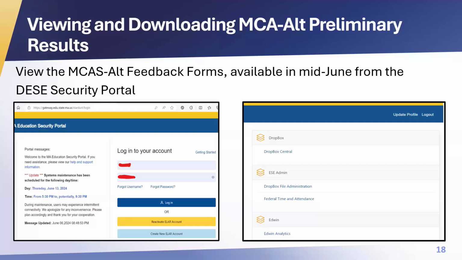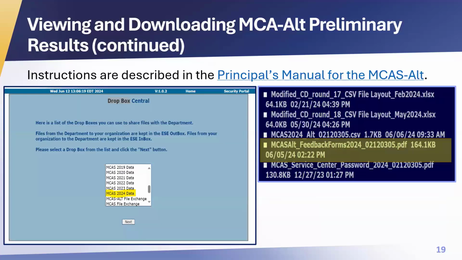You'll be viewing and downloading MCAS-Alt preliminary results material. What you want to do is sign into the security portal. Once you sign in, you want to look at MCAS-Alt preliminary results. And you see here for 2024 data, that will be the preliminary results. The slide on the left and the slide on the right show the particular file, MCAS-Alt feedback forms 2024 PDF, and you see the particular date.